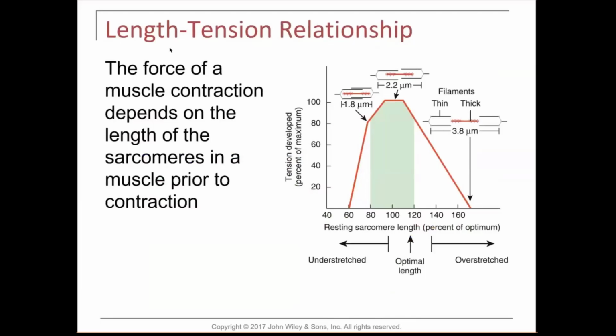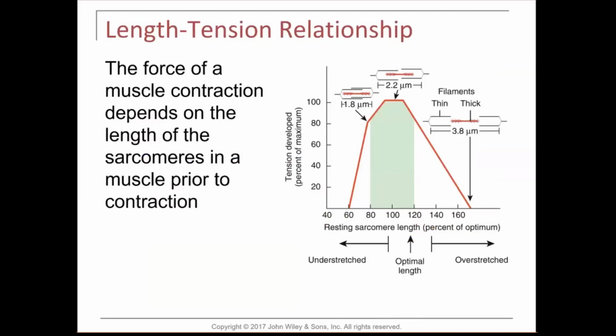We see the length tension relationship. This basically says that the length of the sarcomere prior to muscle contraction determines how strongly that muscle is going to contract. And this has to do with, let's say you're boxing and you're trying to throw a punch.